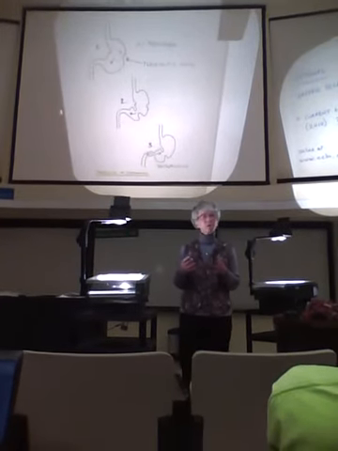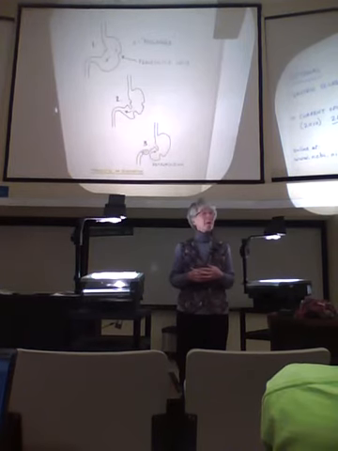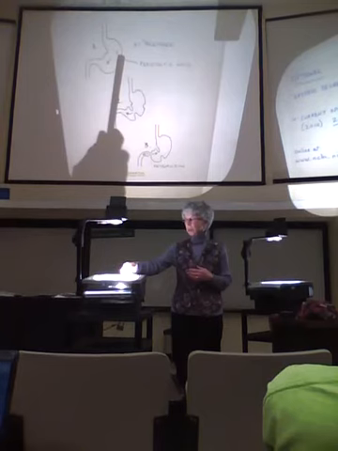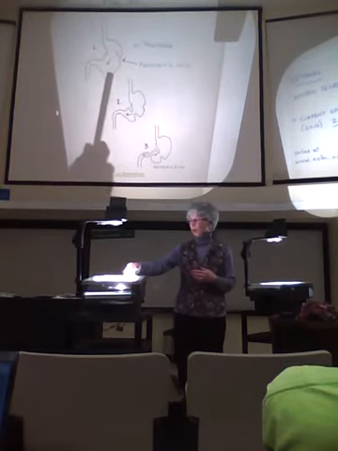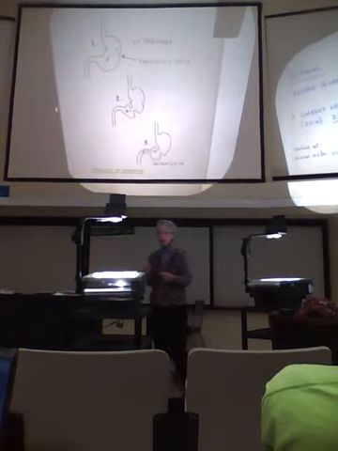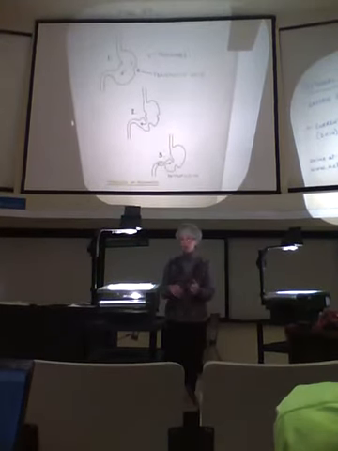Under the appropriate stimulation, you get action potentials, and you get waves of peristalsis. And these waves of peristalsis move down the lower part of the stomach at a maximum rate of about 3 per minute, based on the frequency of the slow waves.